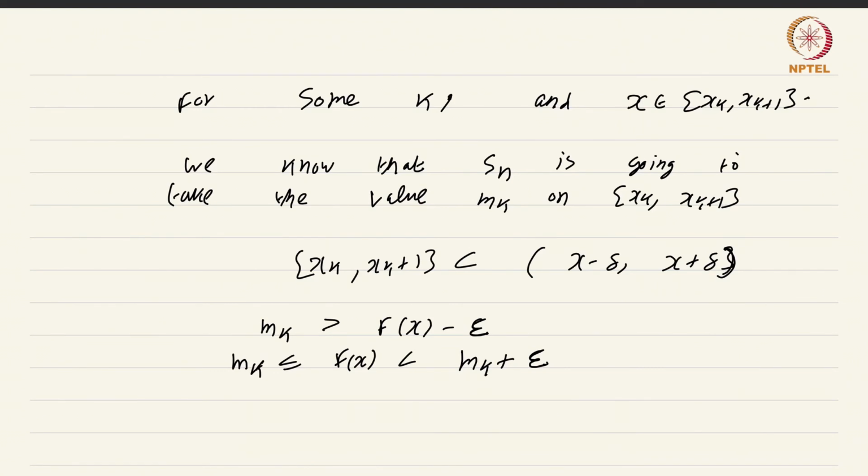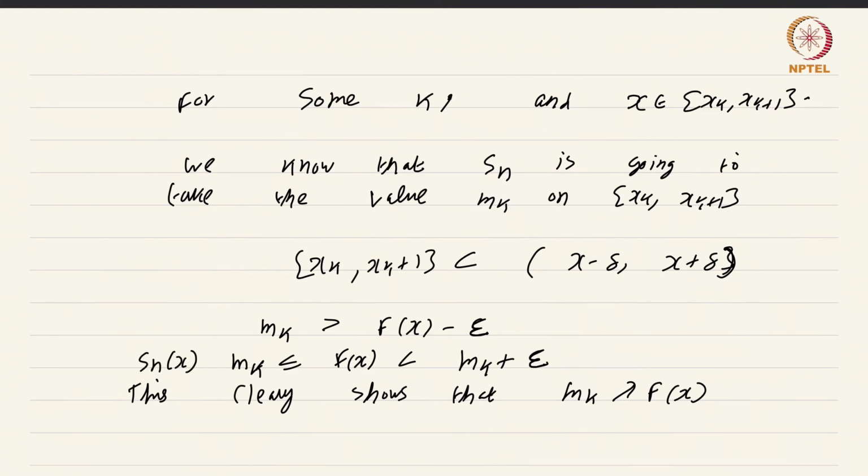Okay, now this clearly shows that mk's increase to f of x, or rather, to be 100% precise, we have to write Sn of x is equal to mk is less than or equal to f of x, less than mk plus epsilon, equal to Sn of x plus epsilon.